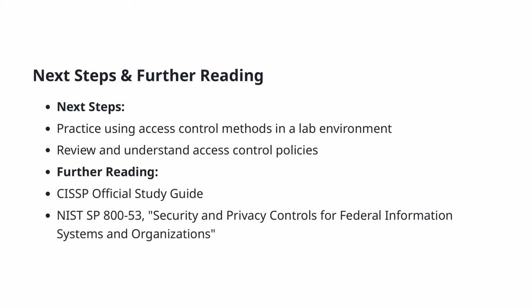Knowing these policies inside and out will enable you to effectively apply and manage access controls. For further reading, I recommend the CISSP Official Study Guide for comprehensive insights into cybersecurity practices. Additionally, NIST SP 800-53 provides valuable information on security and privacy controls for federal information systems and organizations. These resources will deepen your knowledge and support your ongoing learning journey in access control and information security.